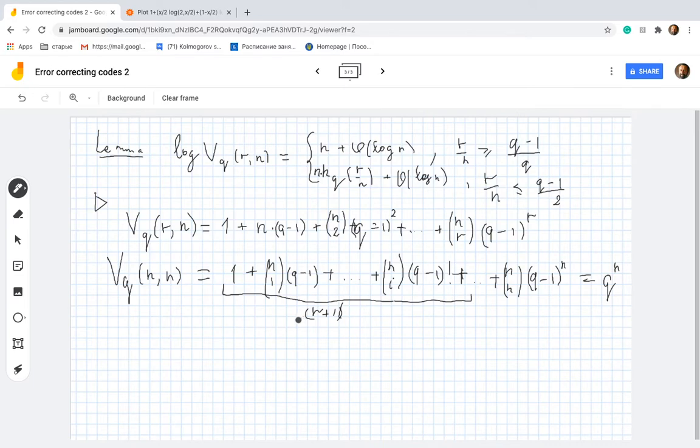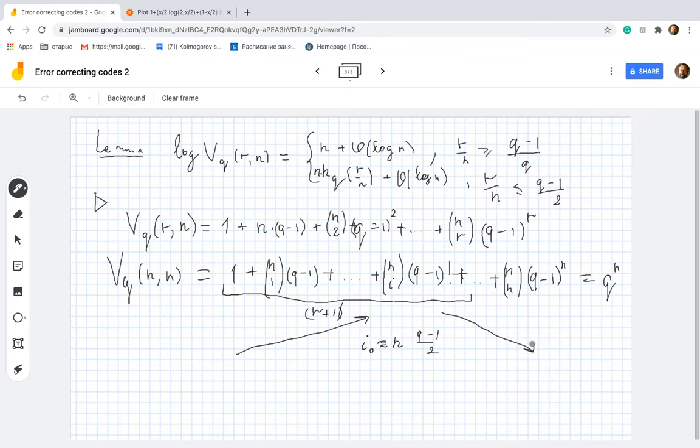So we need to understand how these terms change as i increases. And it turns out that they first increase up to the place, call it i0, which is approximately equal to n times q minus 1 over q, and then they decrease.